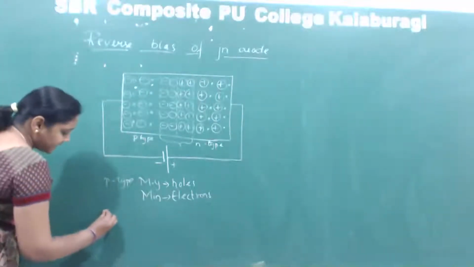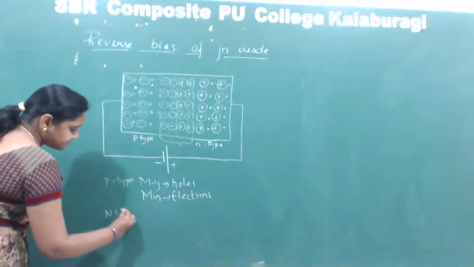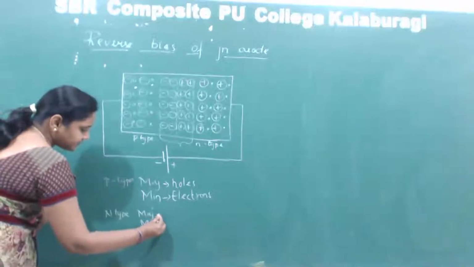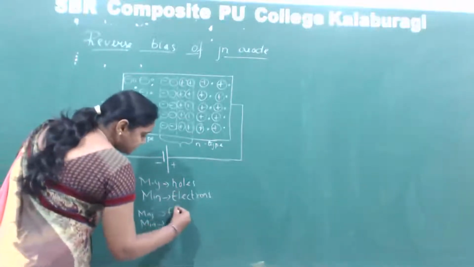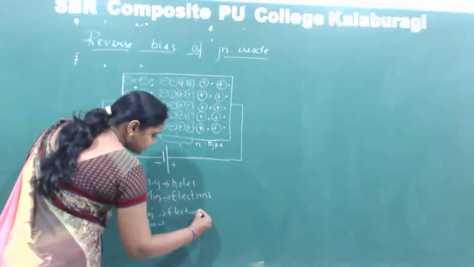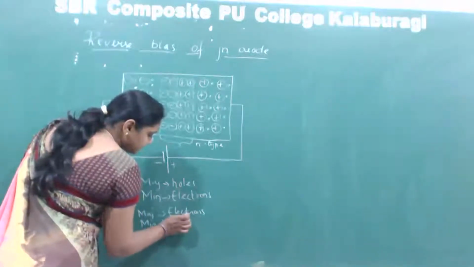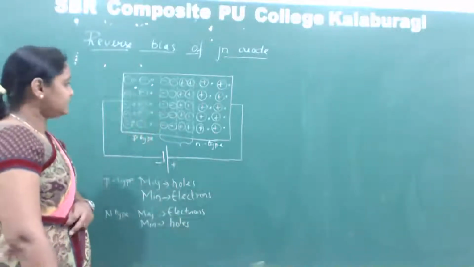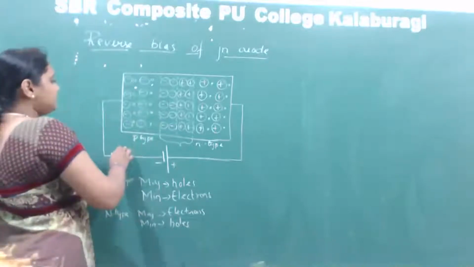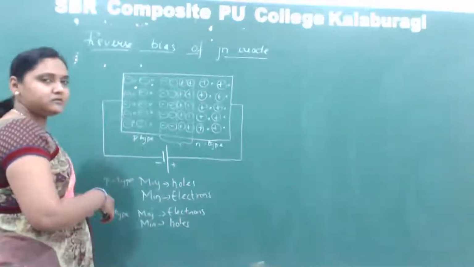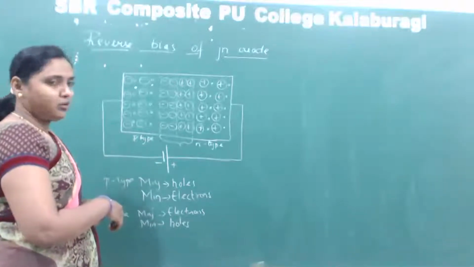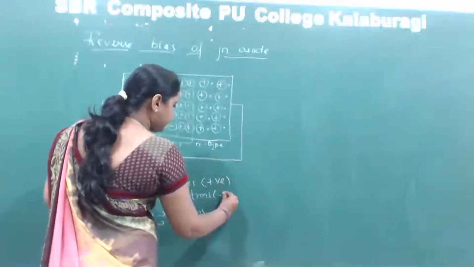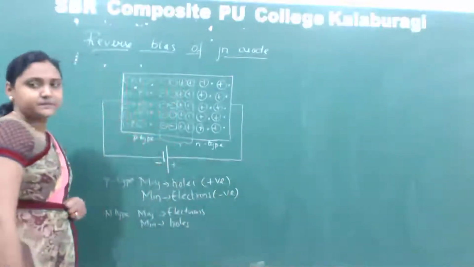The N type is exactly the opposite: majority and minority, electrons and holes. Here the majority charge carriers are the holes, and holes are positive, electrons are negative charges.